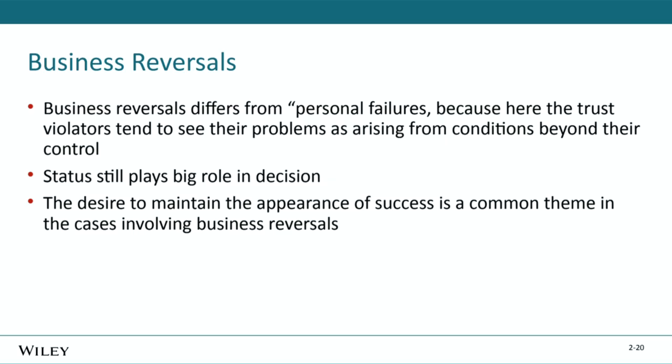Nonetheless, status still plays a big role in the decision, and you don't want to have to explain the problem to someone else. You don't want to look like you're a failure. So the desire to maintain the appearance of success is a very common theme in cases involving business reversal.